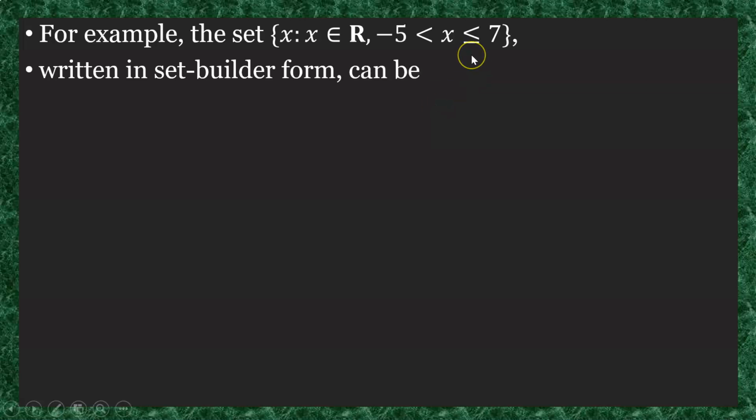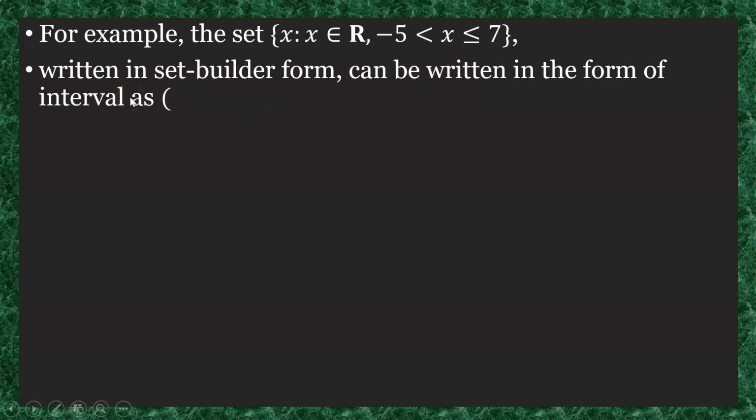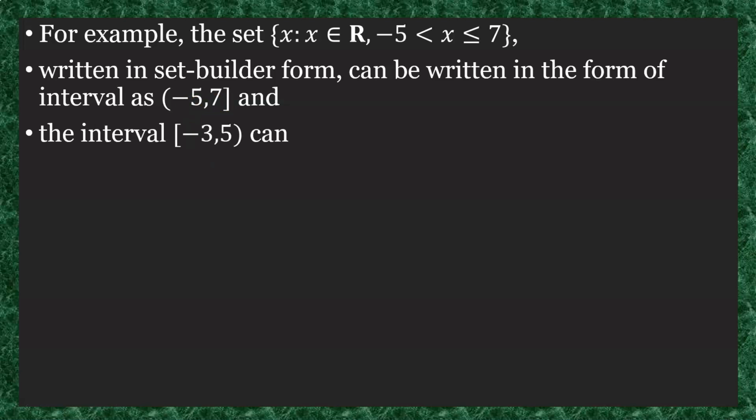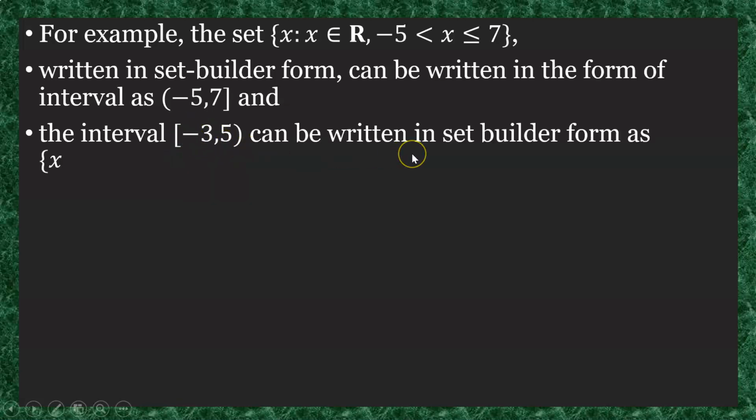That is, the interval contains infinitely many points. In interval form this is written as the open-closed interval (-5, 7]. Similarly, the closed-open interval [-3, 5) can be written in set builder form as X such that X lies between -3 and 5, and equal to -3 also.